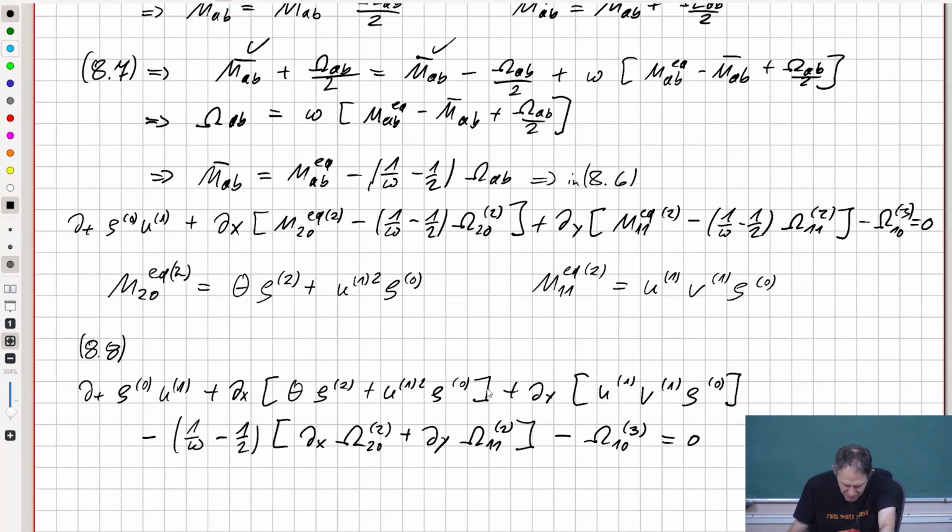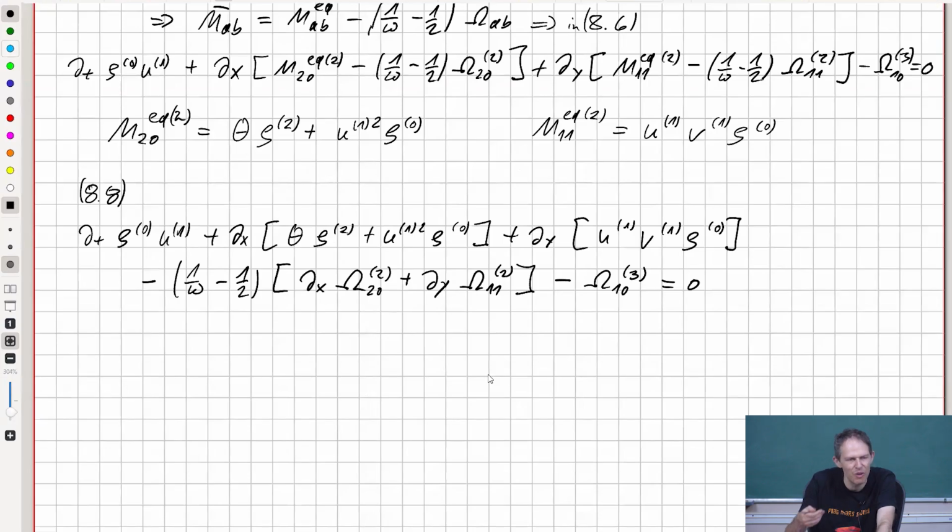But we know how to do this because we have our generating function. All we need to do is to look at epsilon to the second order, with a equal to 2, b equal to 0. That should give us the correct moment. So again, we have dt m20 at 0 order.